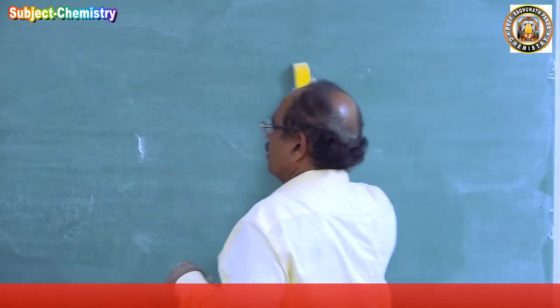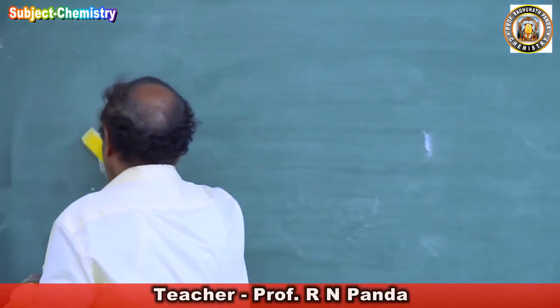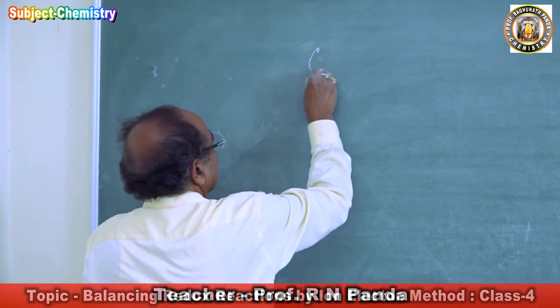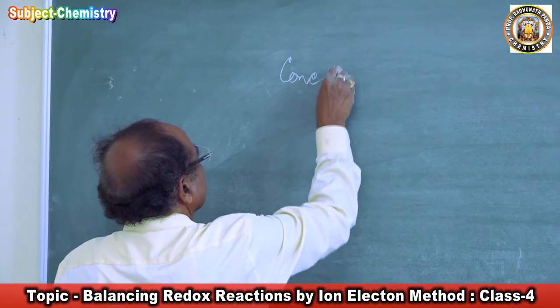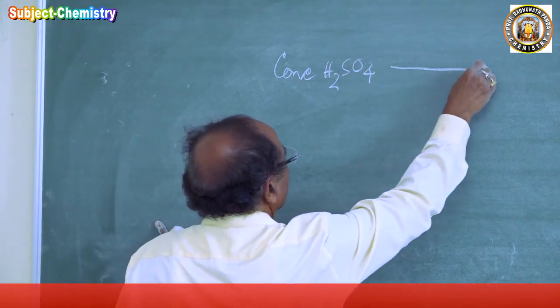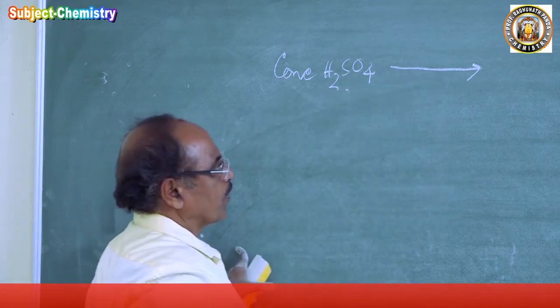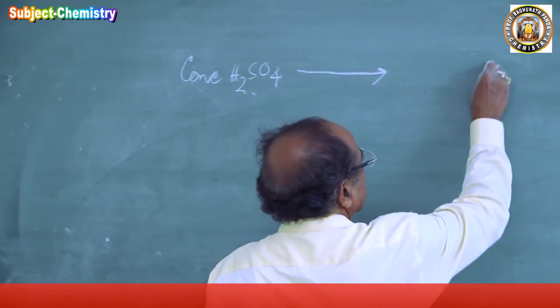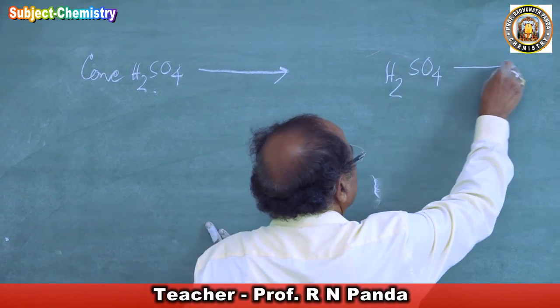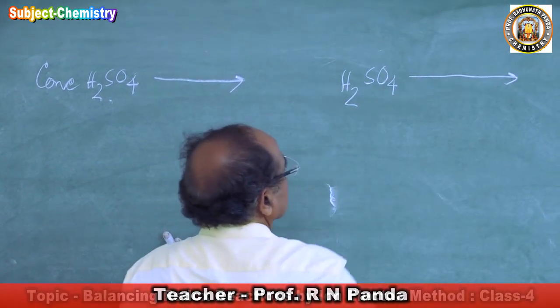Now let's come to the equations involving concentrated sulfuric acid. Now this concentrated sulfuric acid is an oxidizing agent. We have done many reactions involving this concentrated sulfuric acid. Concentrated sulfuric acid is an oxidizing agent because in sulfuric acid the sulfur is in +6 oxidation state.